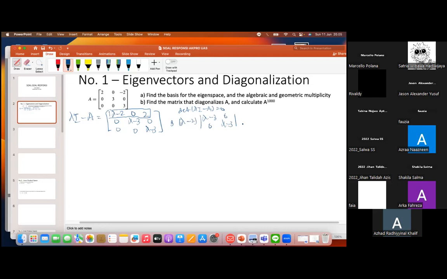The other term is already automatically 0, so we ignore that. So we get lambda minus 2, then lambda minus 3 squared equals 0. This is what we call the characteristic polynomial.